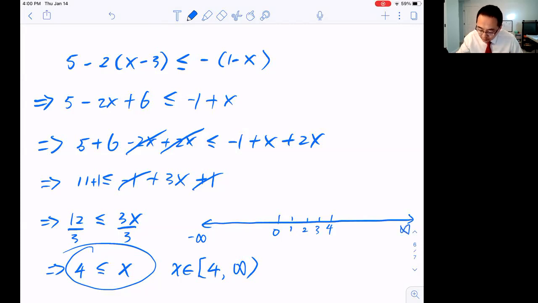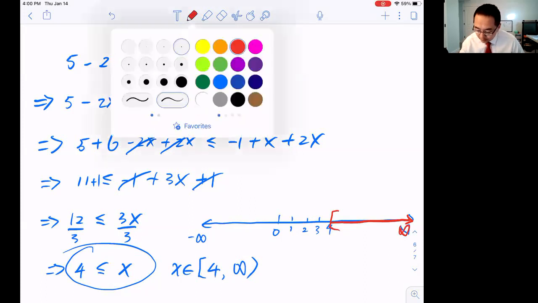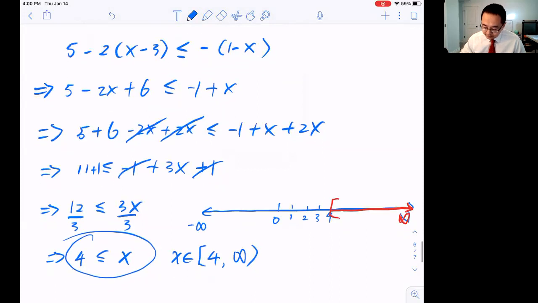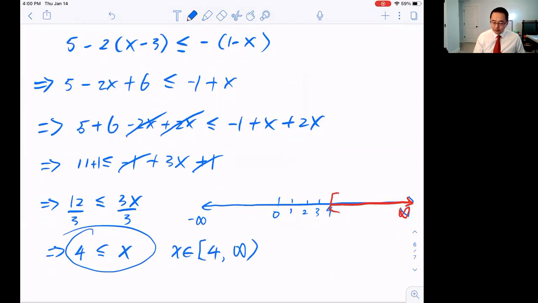Then you can say the answer includes 4 and the rest of the number line to infinity, right? So this would be another way to express your answer, but this is more used for little kids when they first learn this. But I wanted to point out it is one way. I'm looking for usually the first 2 ways to give me your answer. Okay. All right. That makes sense?